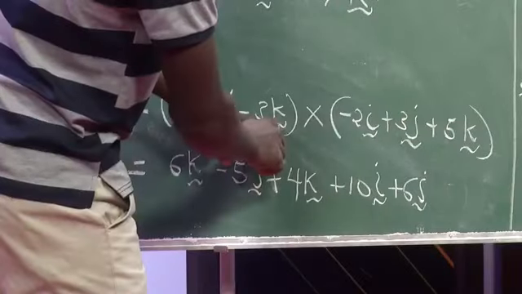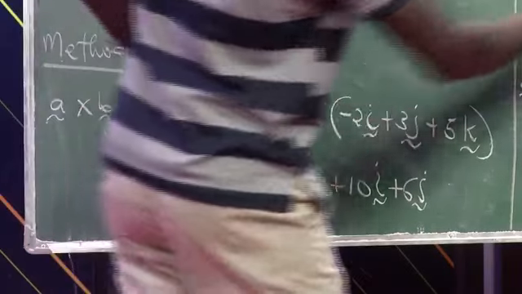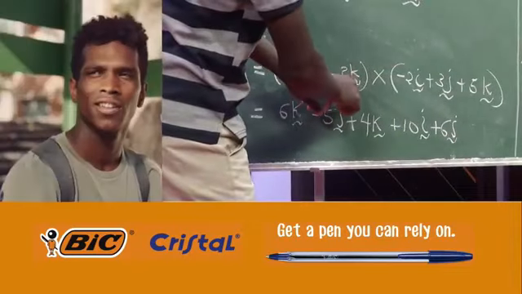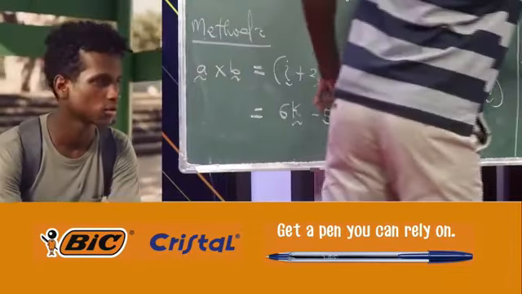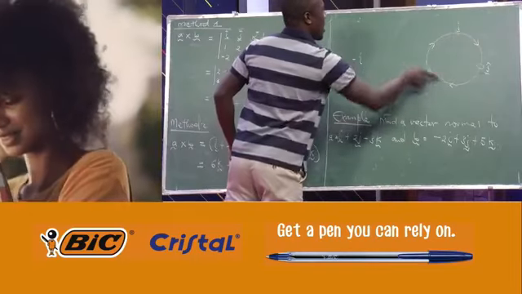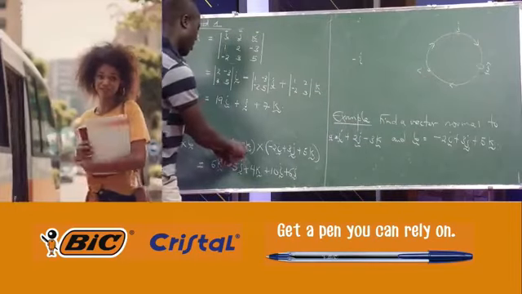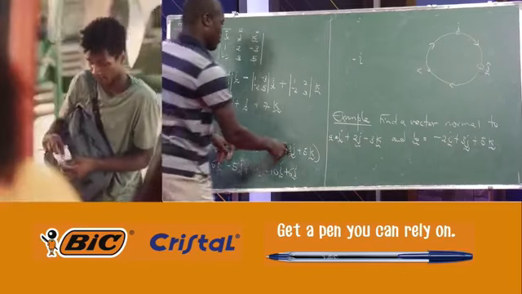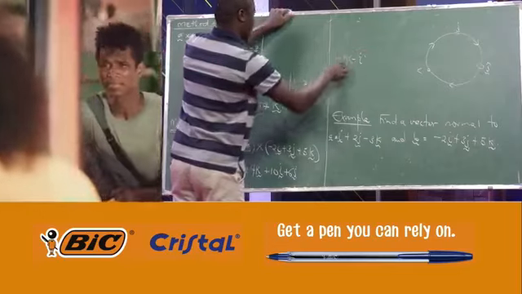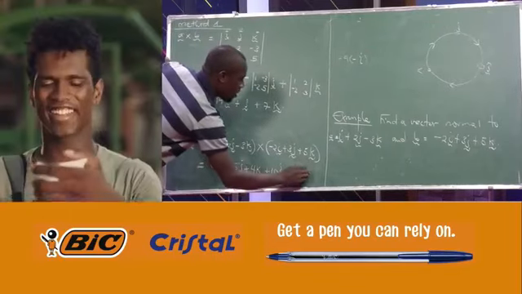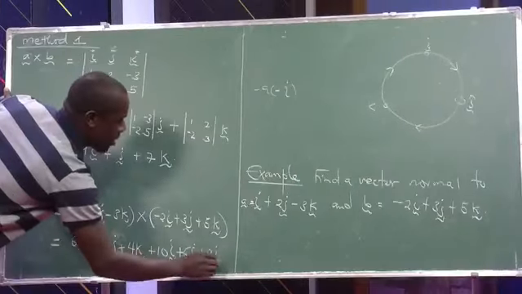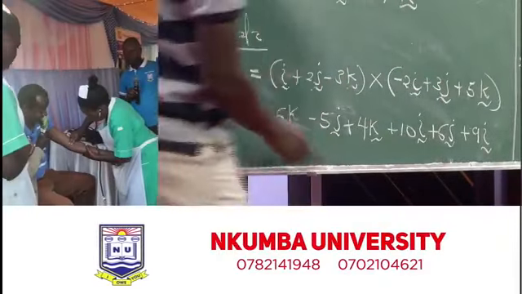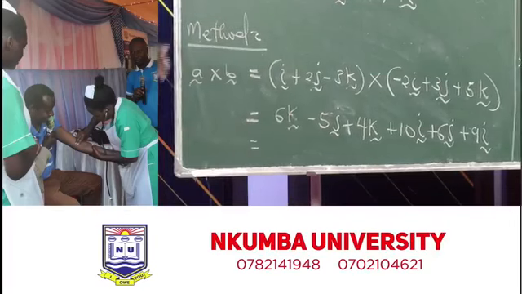We had K cross I, that was positive J. And then we have K cross J, that is negative I. But then we have 3 times negative 3. So we also have negative 9 multiplying, which is just positive. So plus 9I. And then we have K cross K, which is a 0.